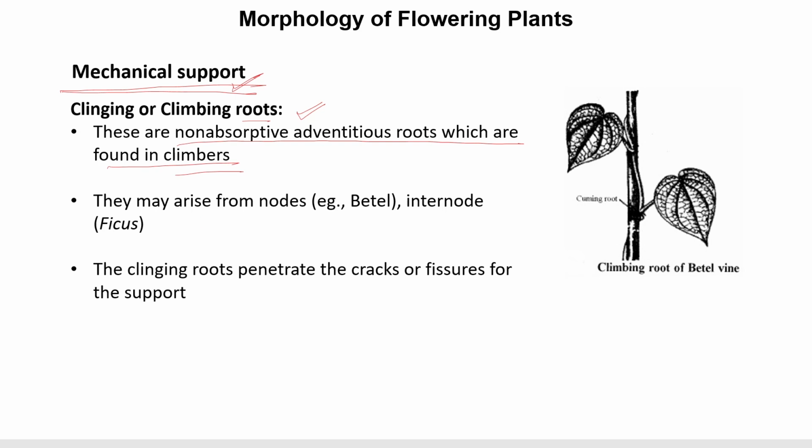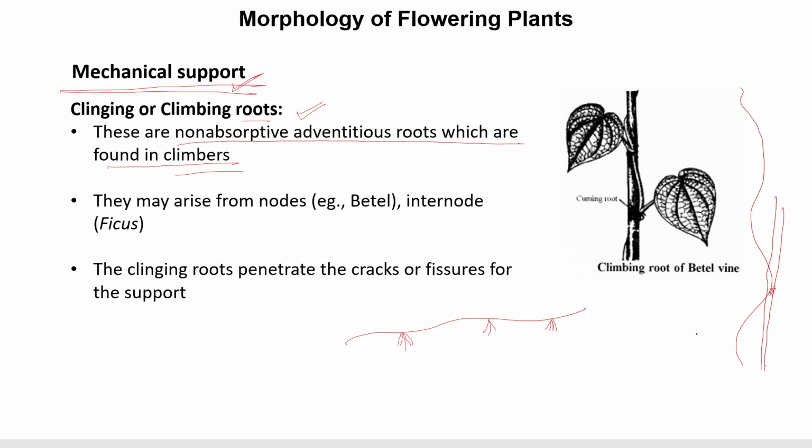Creepers, we have studied about the creepers just now. For example, the grass and the mint, they creep on the ground and at the nodal region they give rise to roots like this, called adventitious roots. Okay, so now the climbers, they are also weak plants, but they take some support, and at the region of the support they give rise to some roots.